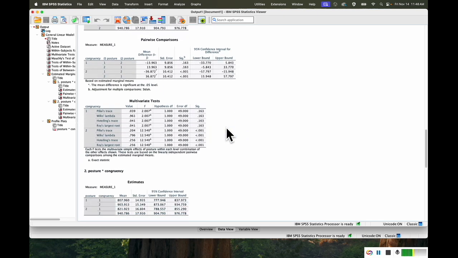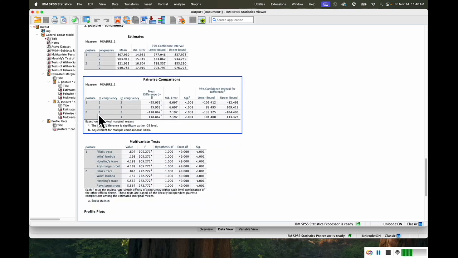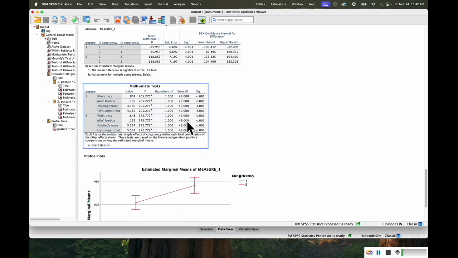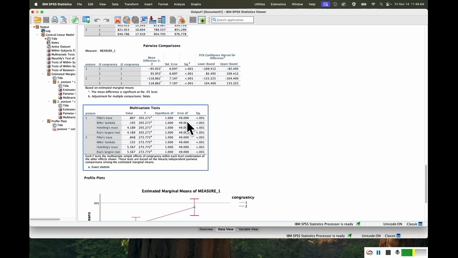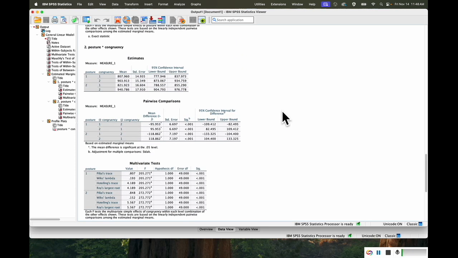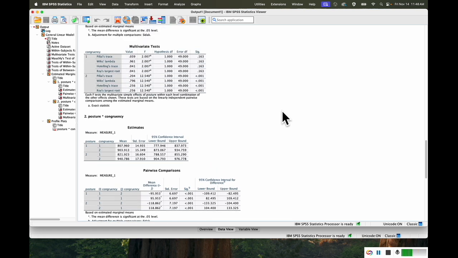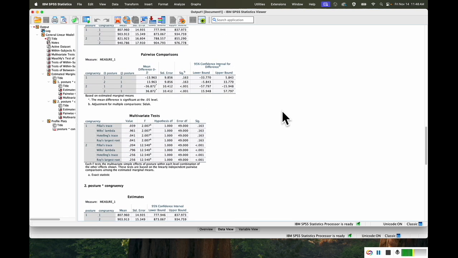So scrolling back down to here where we could look at our pairwise comparisons, what we can see is that we have over here within congruency being with congruent texts or congruent words with color, font, and word, sitting and standing does not make a difference.